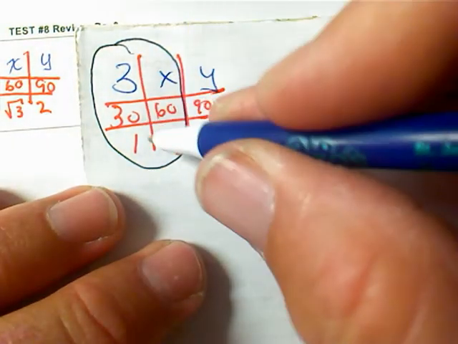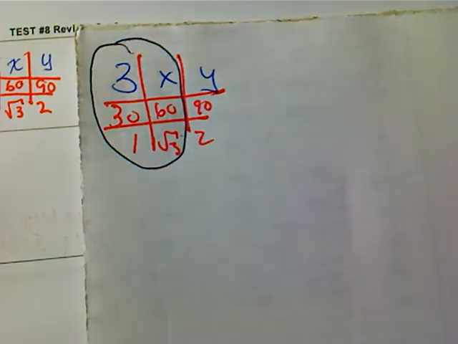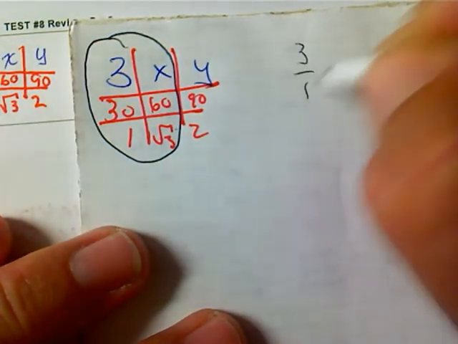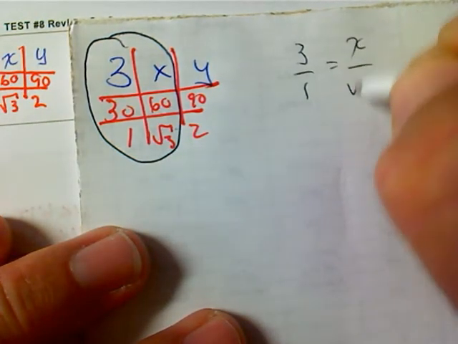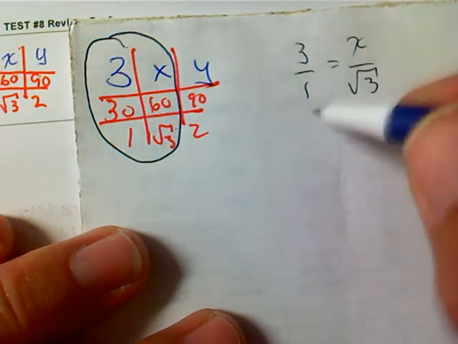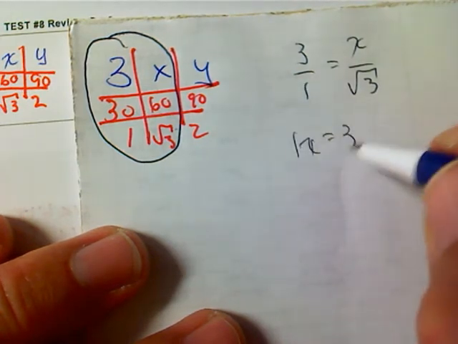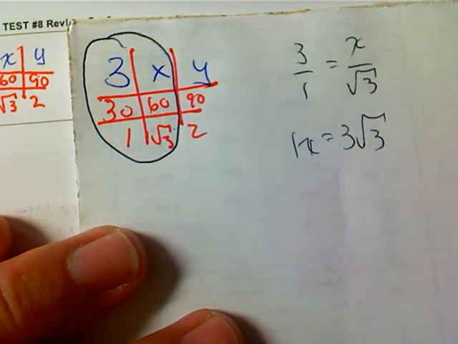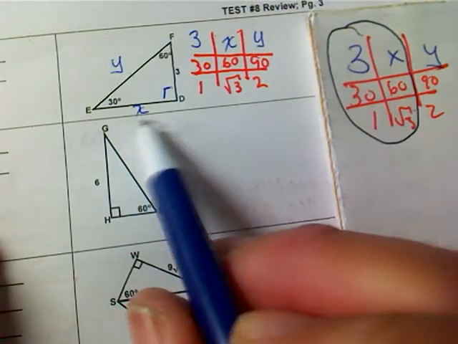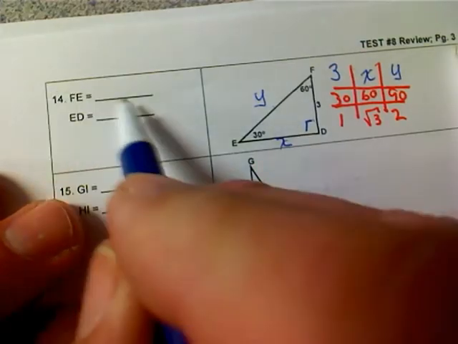So I've got 3 over 1 and x over the square root of 3. Cross multiply. There we go. Bada bing, bada boom. 3 square root of 3 is x. X was this side down here. So this is going to be 3 square root of 3.